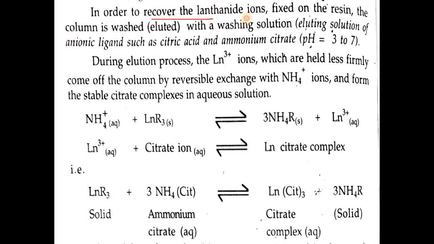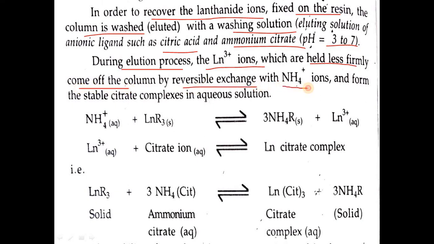In order to recover the lanthanide ions fixed on the reagent, the column is washed or eluted with an eluting solution, that is citric acid solution or ammonium citrate solution, maintained at pH between 3 to 7. During the elution process the lanthanide 3+ ions, which are held less firmly, come off the column by reversible exchange with ammonium ions and form a stable citrate complex in aqueous solution.